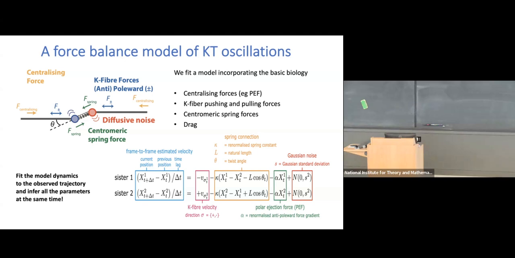You've got the K fiber velocity, which can be pushing or pulling, depending on the state. So it's a hidden Markov model. And then you've got the spring. We've allowed for the fact it can be twisted in 3D. Then you've got the polar ejection force, which was linearized around the midplane, and then Gaussian noise.